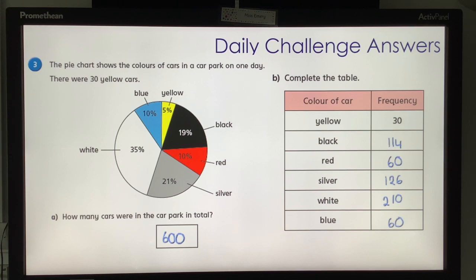You know 600 is the overall number, so you know that 60 is 10%. You know that 6 is 1%. You know that 30 is 5%. You can put those figures together. Then you should end up with 126 silver cars, 210 white cars, and 114 black cars. And if you were to add all of those figures together, you should get your 600 cars in total. Very, very well done if you got that right.